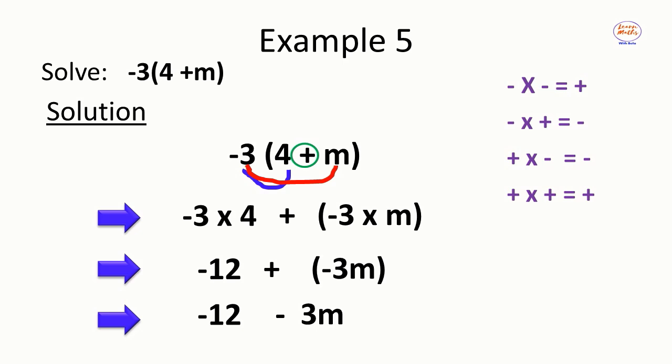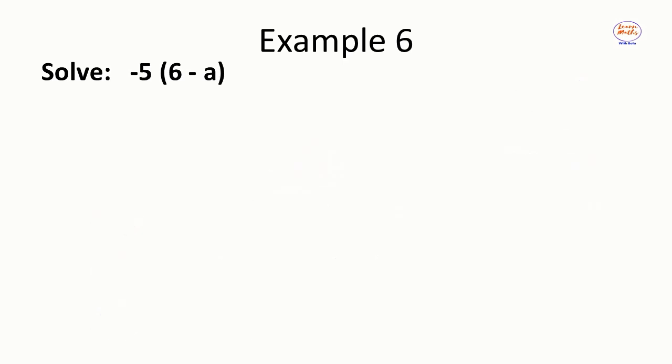Let's take another example to reinforce this learning. So let's see something. We have minus 5 into bracket 6 minus a. This is a little bit different from the previous example, but the method is still the same. And I want you to be calm and let's do this together. We have minus 5 into bracket 6 minus a.